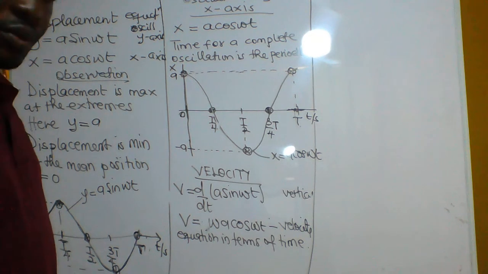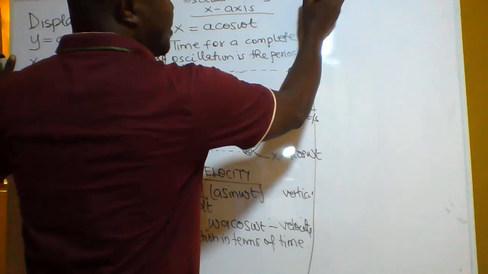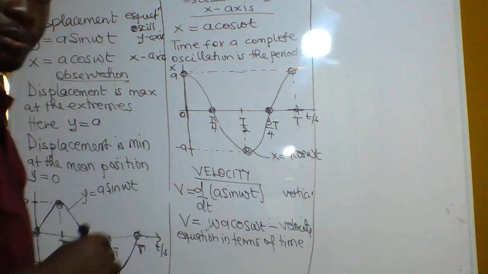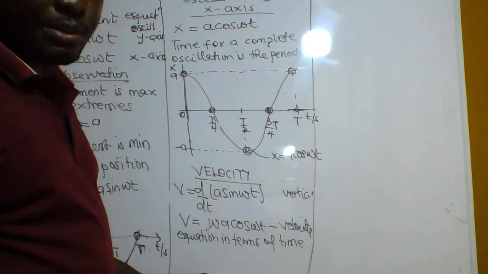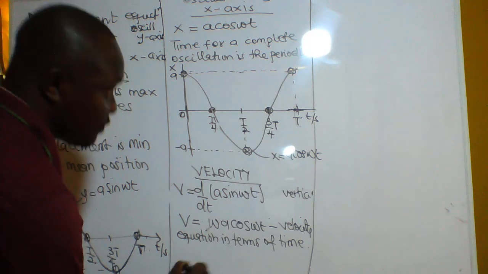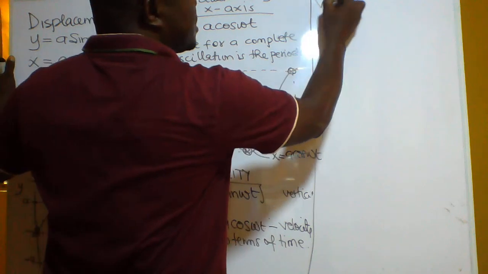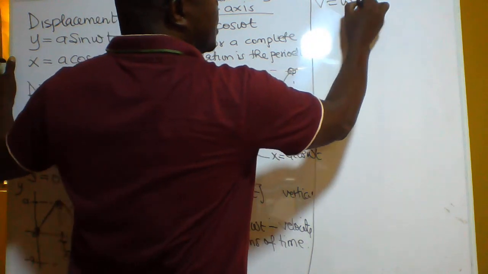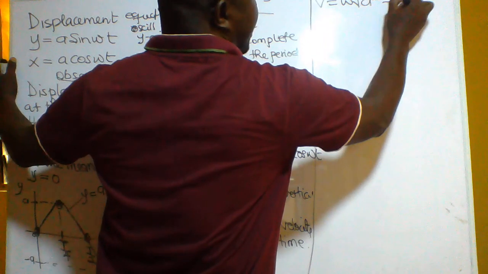Then we also made some findings here. Where do we have the maximum? From here we also derive the velocity function in terms of displacement. Let me write it here. So we had v is equal to omega square root of A squared minus y squared.